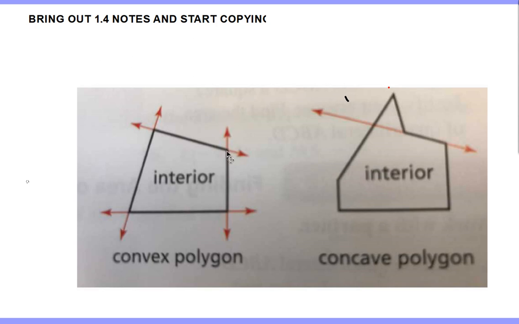These red lines go on forever and they will never touch the interior of this polygon. Concave, however, has one side right here, and if I did the same thing and drew a red line all the way through, it does hit the interior of the polygon. When that happens, we call it a concave polygon.